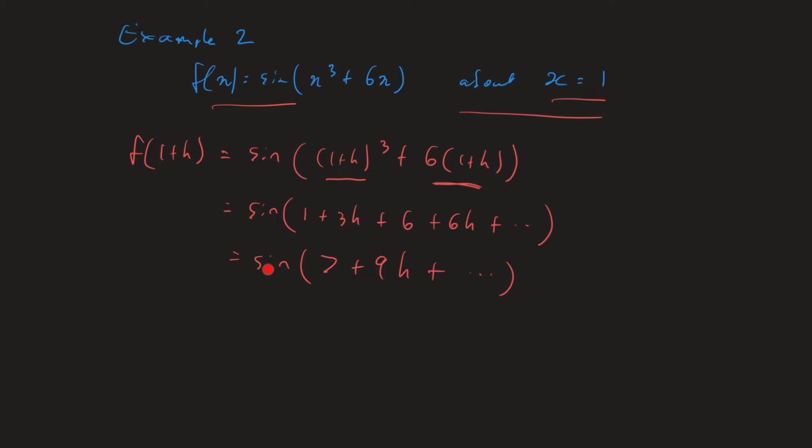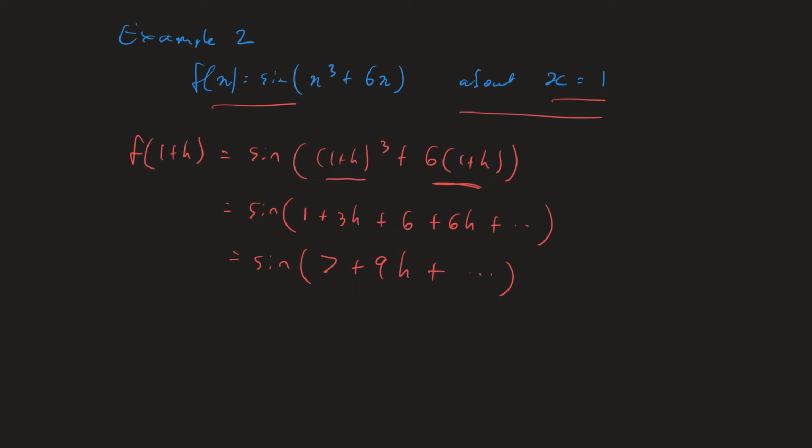Now we see we need the Taylor series of sine, not about the origin, but about the number 7. Trying to use our Taylor series about the origin, in this case, is not going to help. We need a faster way of trying to find the Taylor series of sine of x about x equals 7.